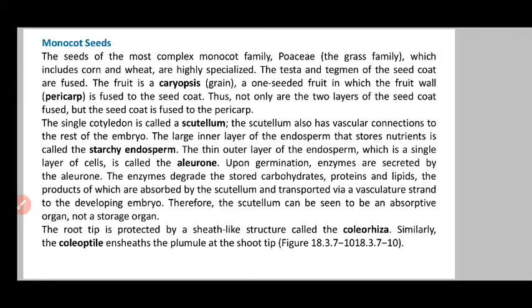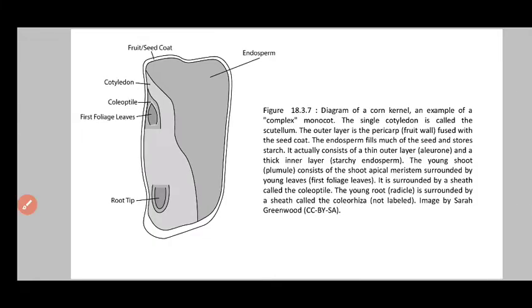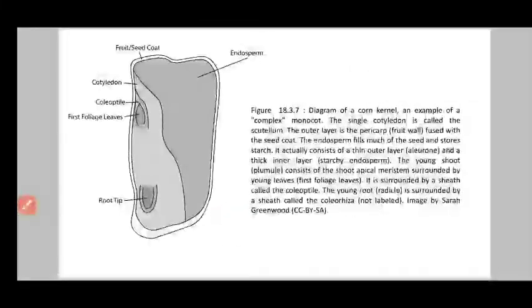So this was the seed structure of your monocotyledons, the monocot seed. In a monocot seed there are the radicle and plumule, and the coleoptile that covers the plumule.